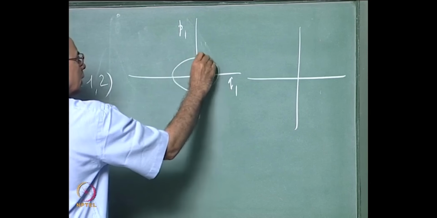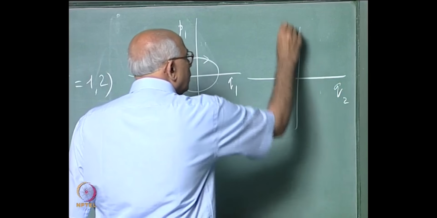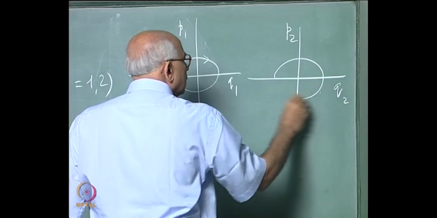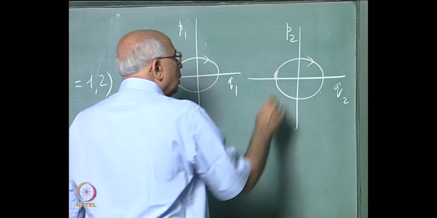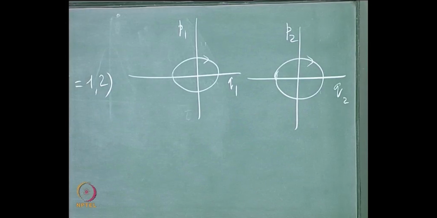Therefore you get phase trajectories of this kind. And similarly in the q2 p2 space you get ellipses of this kind. The periodicity here is 2 pi over omega 1 and 2 pi over omega 2 there.